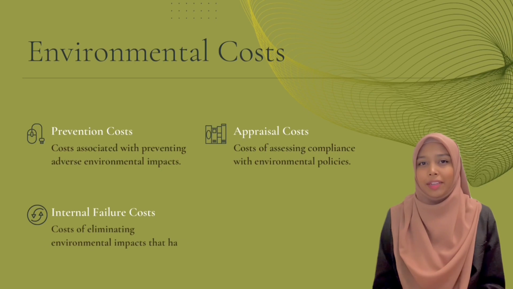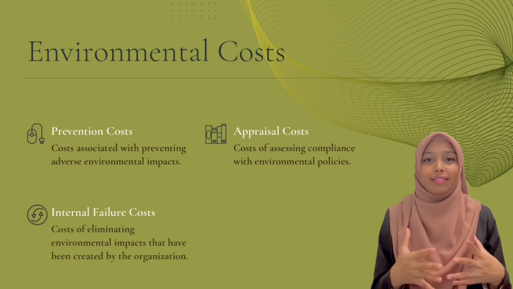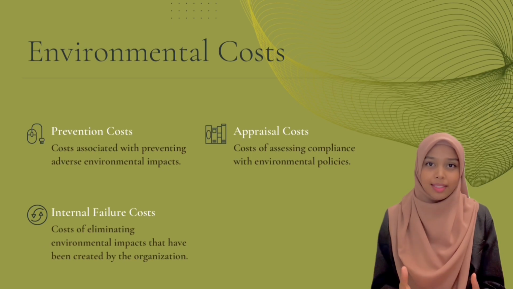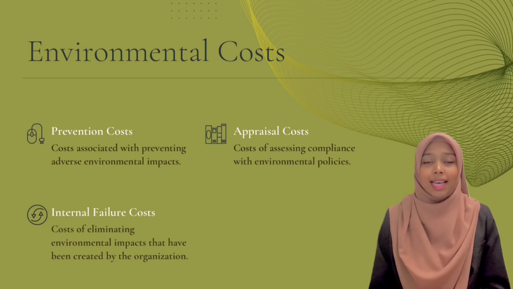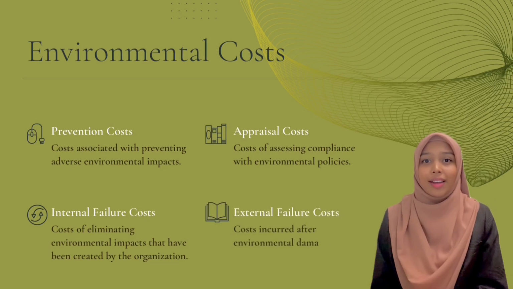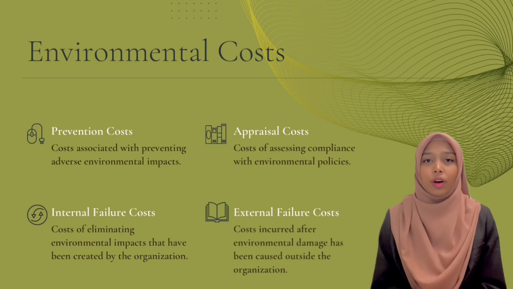Besides, we also have internal failure costs. It is the cost incurred from performing activities that have produced contaminants and waste that have not been discharged into the environment. Last but not least, we have external failure costs, which are the costs incurred on activities performed after discharging waste into the environment.